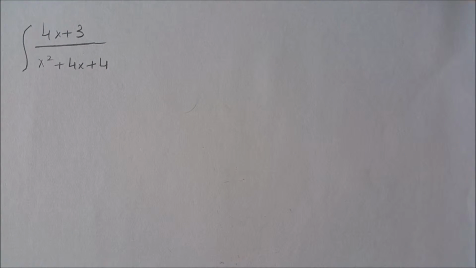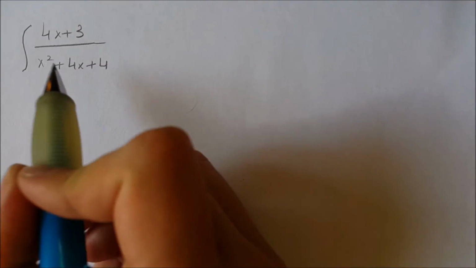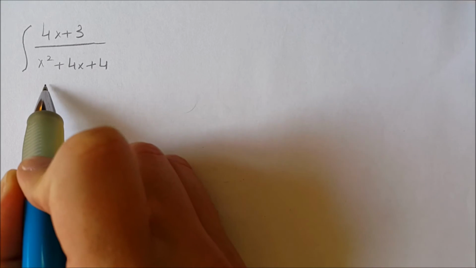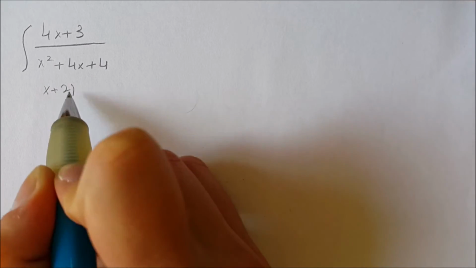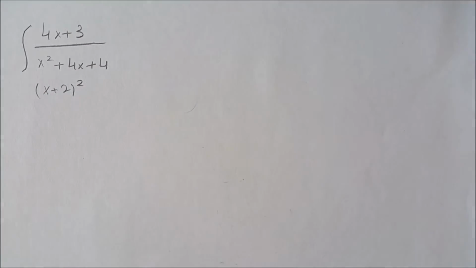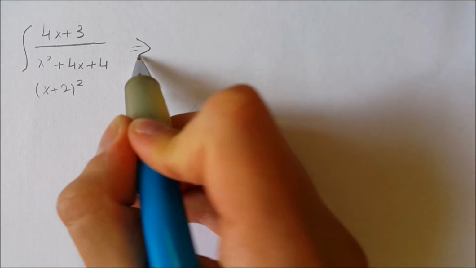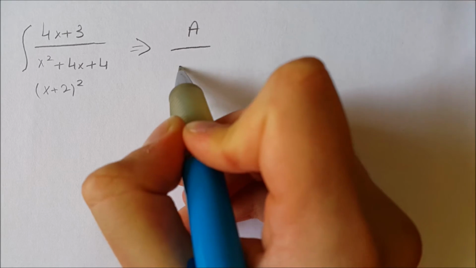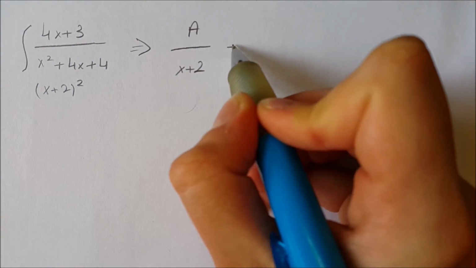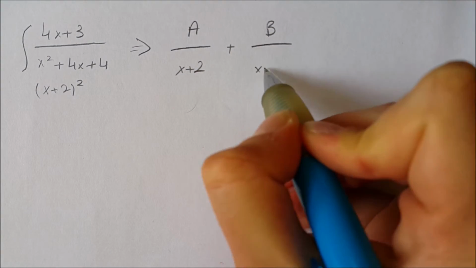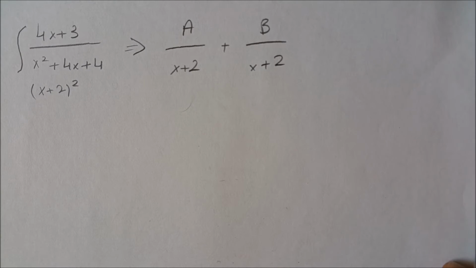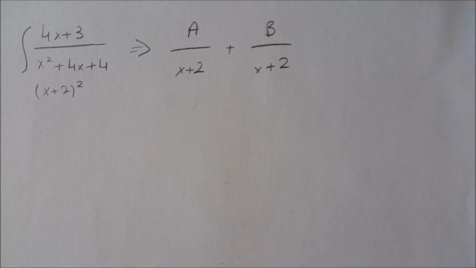In the partial fractions method, we should first look at the factors of the denominator. x squared plus 4x plus 4 could be written as x plus 2 squared. So now this is a special case, because if we want to separate it as a over x plus 2 plus b over x plus 2, this wouldn't get us what we want as a denominator.